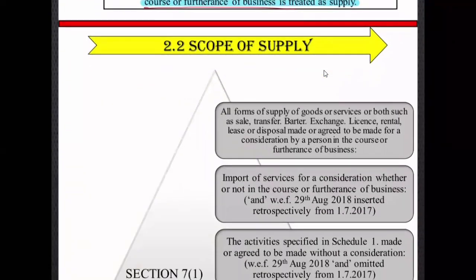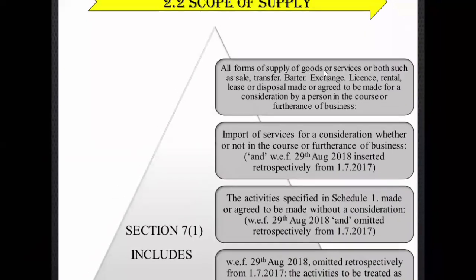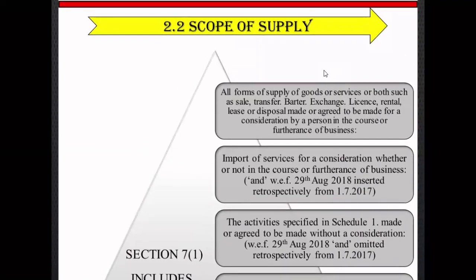Okay. Now we are going to read about scope of supply. Scope of supply means now we are going to see what actually the Act has defined that what shall be a supply. We discussed that sale is supply. Transfer is supply. Is there anything more? If yes, then what is that?